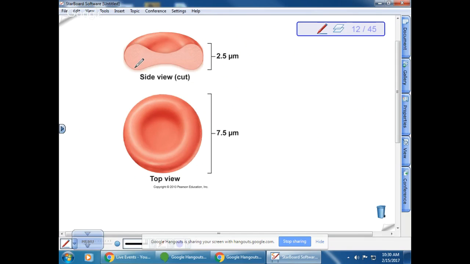And sometimes they have to squeeze and change shape. So you can think of this as being very elastic. If you squeezed it like this so that it would get through the capillary, when it gets popped out at the other end, it's going to come back to its original shape. And so they are able to move around, and you can bend them, right? They're bendy little cells.